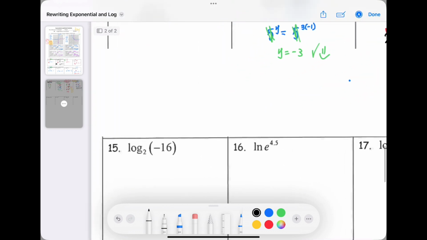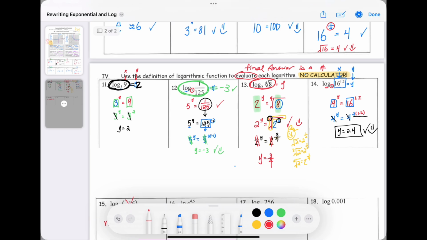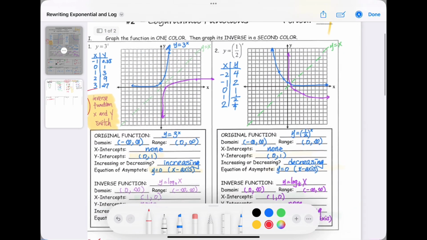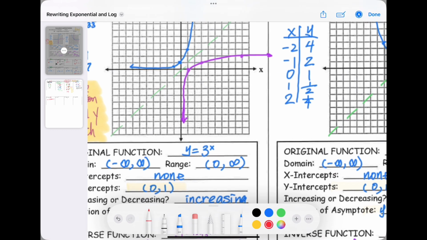All right. Number 15 in classroom, I said that the answer is no solution. Why is no solution? Well, think about my log function. When we talk about the picture of the log function, okay? So this is my log function. Do you ever see my domain?